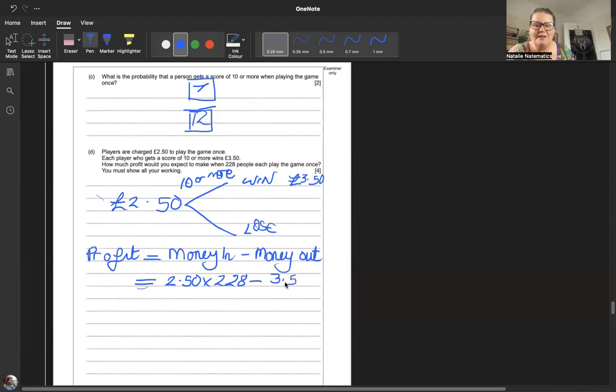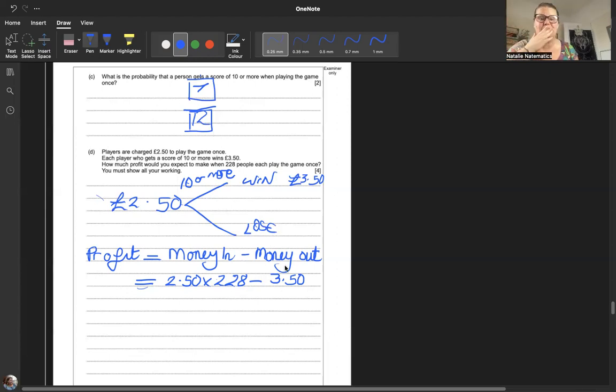Okay, so again, we're just trying to think each step at a time what's going on. How many people are going to win? Well, how many people are going to get a score of 10 or more? Well, what is the probability of getting a score of 10 or more? I'm going to go over that again and notice the order of the questions I'm asking.